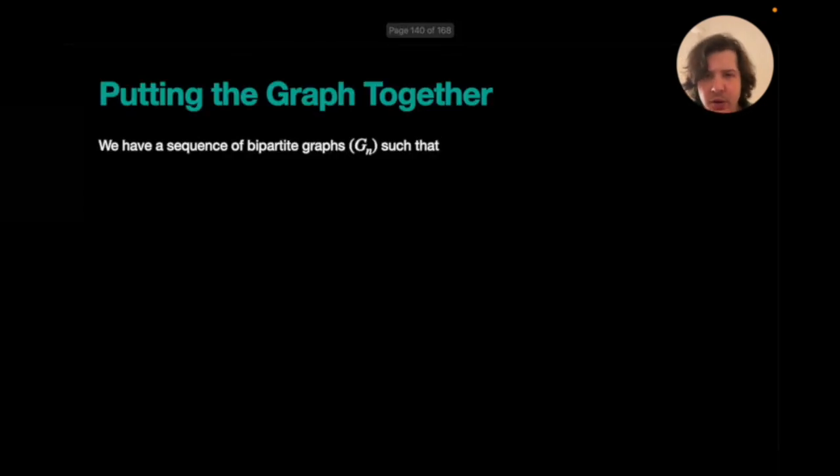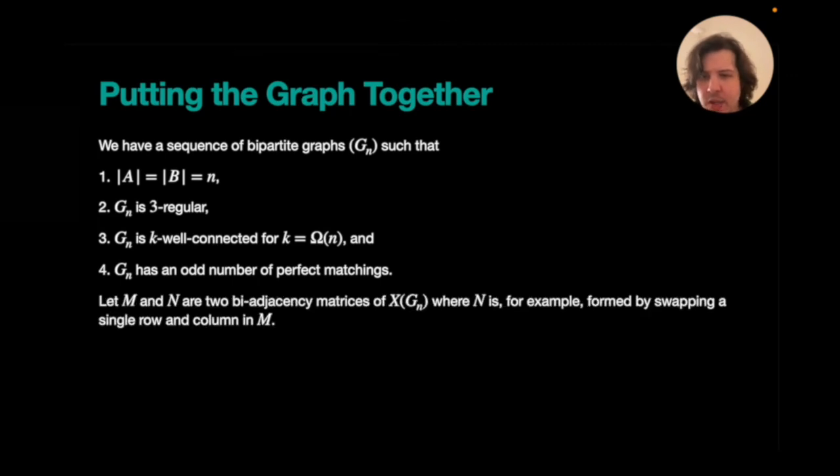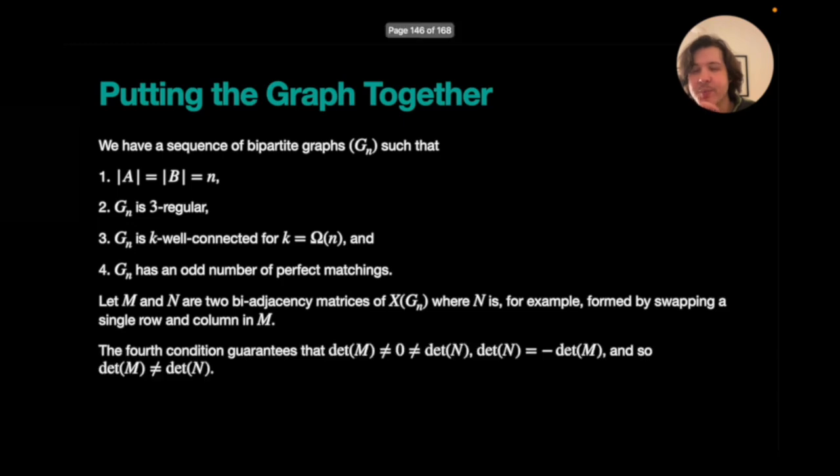So how do we then put the graph together? We want a sequence of bipartite graphs with these conditions, as we just discussed. So let M and N be two biadjacency matrices of the CFI graph on Gn, where N is, for example, formed by swapping a single row or single column. It should say or, not and there. That's a typo. Although, no, it has to be or.